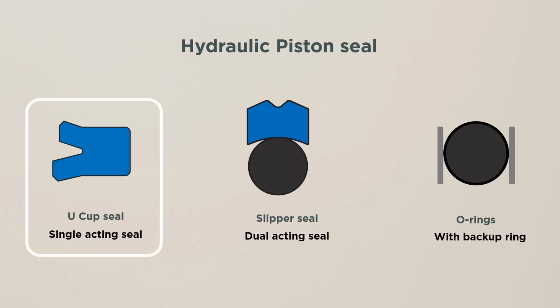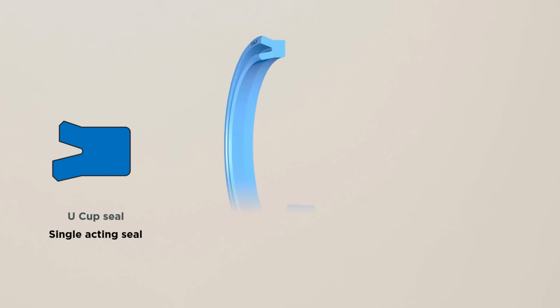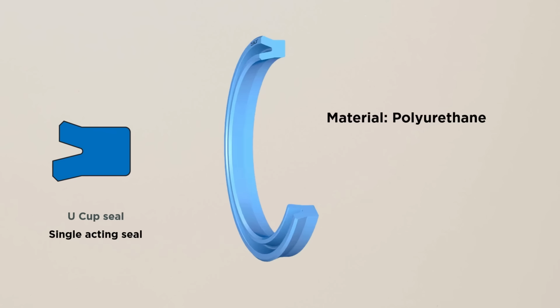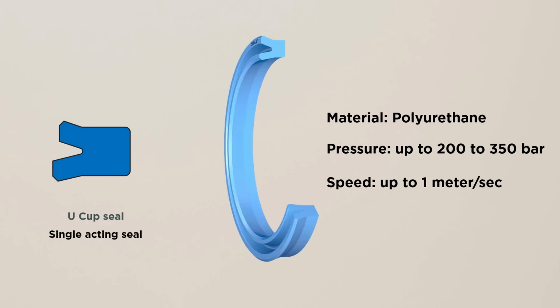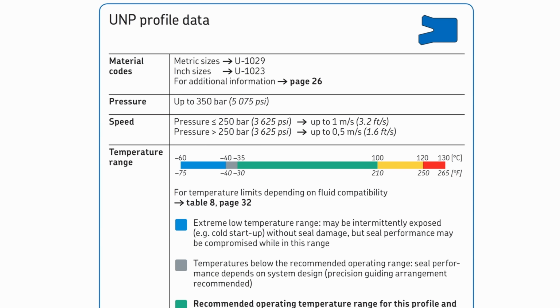One is the U-cap profile seal, made of a single material, mostly polyurethane, and these seals can operate at pressures up to 200 to 350 bar, and the allowable piston speed with these seals is up to 1 meter per second. For more detail, refer to the manufacturer catalog.